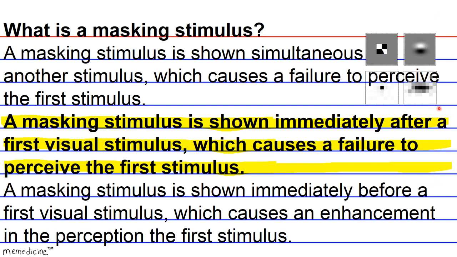So this is what it means to cause masking. And a masking stimulus, again, is shown immediately after the first visual stimulus, which causes a failure to perceive the first. Okay, you perceive this instead of this. All right.